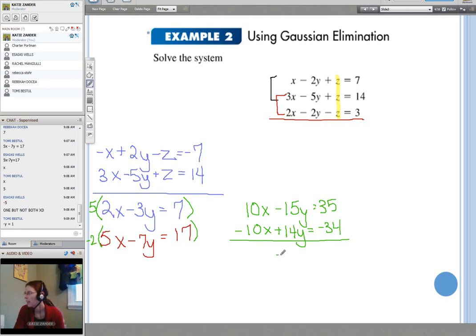Negative y equals 1, therefore y equals a negative 1. Good.